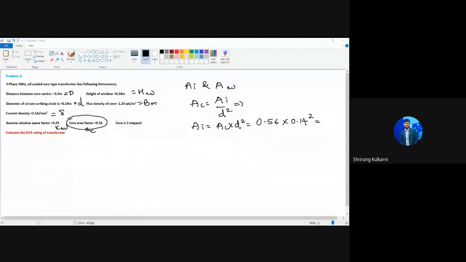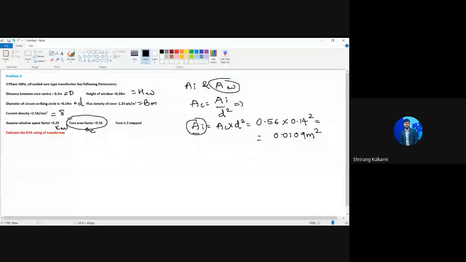Calculate that, you will get the answer: 0.0109 meter square, because it is the area. So we'll get the answer in meter square, 0.0109 meter square. Like this, we have to calculate this one. Next thing, AI is calculated.